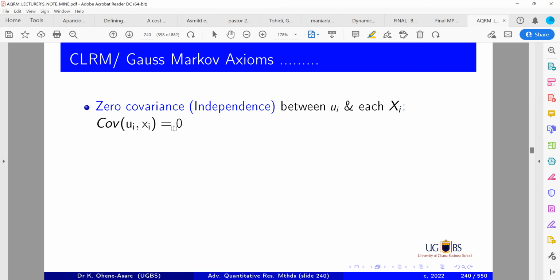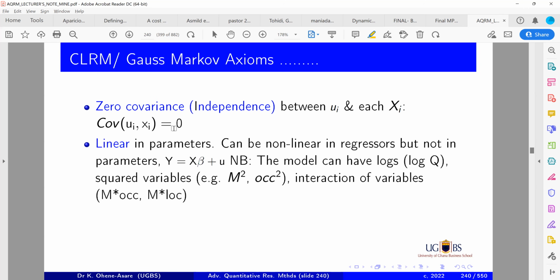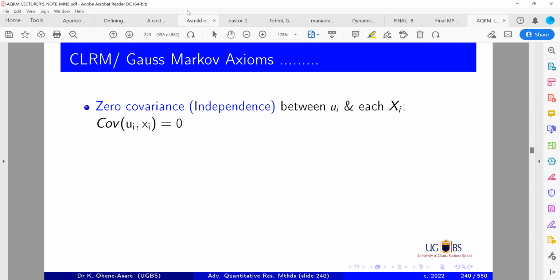Now, when there is a correlation between the error and the independent variable, what's the name for that? Who can tell me? When there is a correlation between the error term and the regressor, then we have an issue of what? Autocorrelation? Yeah, but remember, autocorrelation is between two errors, not between the error and the independent variable.